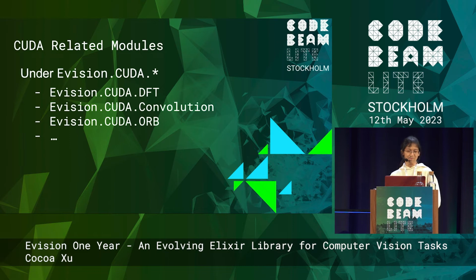And all the CUDA-related modules are under Evision.CUDA. For example, the DFT, you can do some Fourier transformations, and you have convolution and the ORB algorithms available. There are some other things you can find in the online documentation.